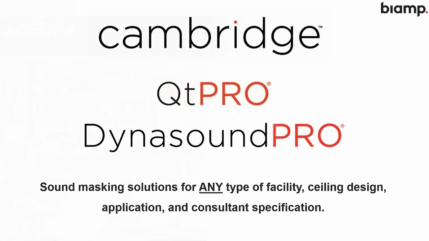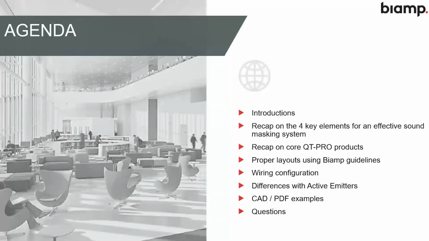What I want to go through today is to recap the 4 key elements for an effective sound masking system. We covered these in a previous webinar, but I need to recap them for people who haven't seen that one. Then a quick recap on the QT products we're talking about for the designs.